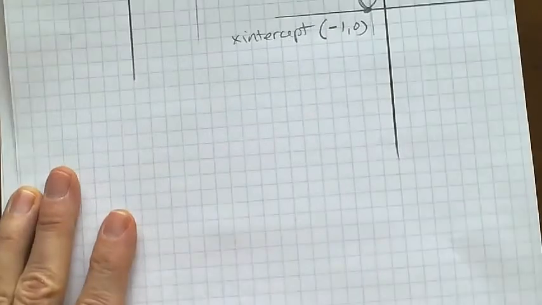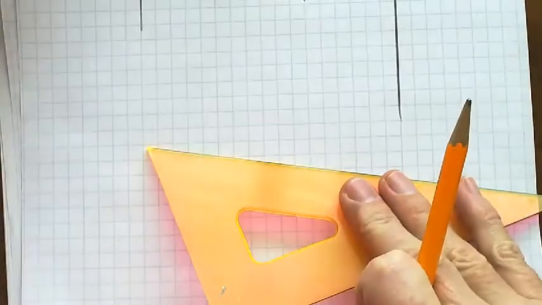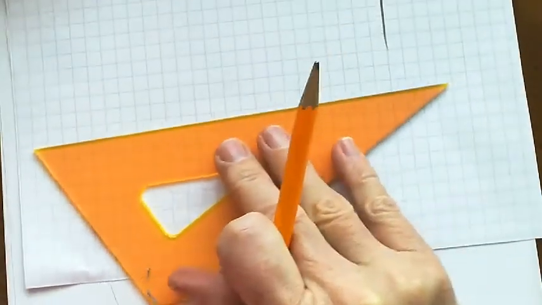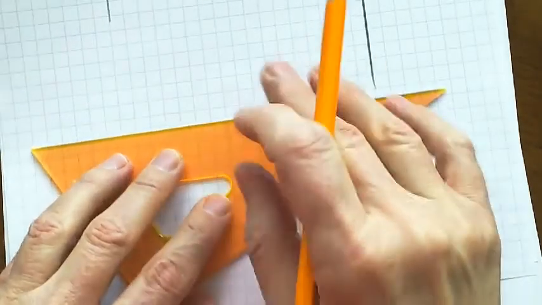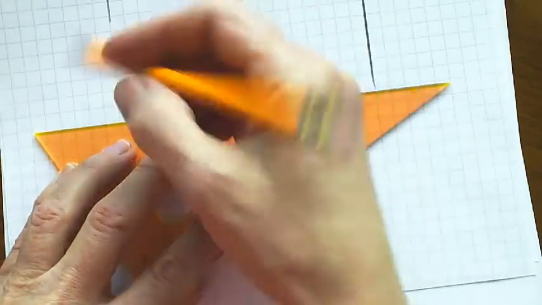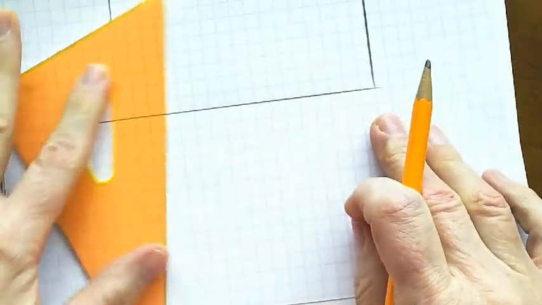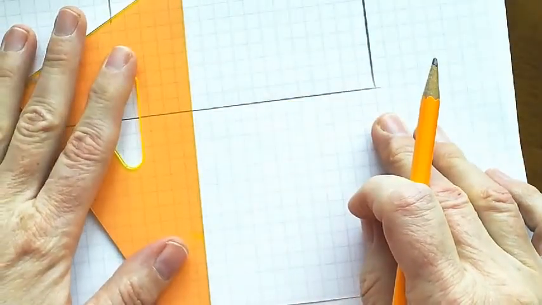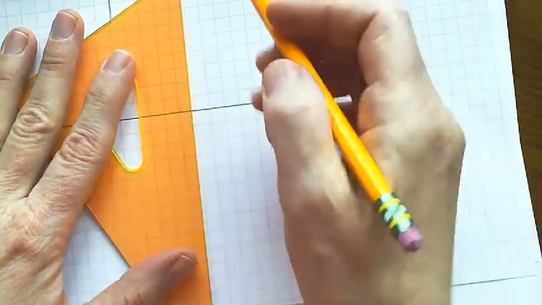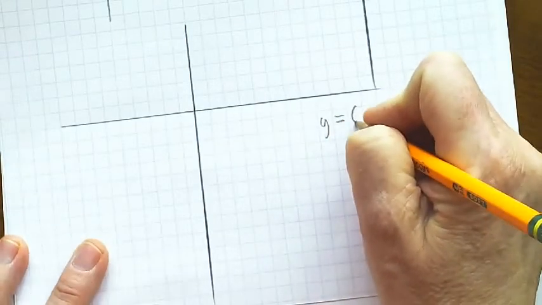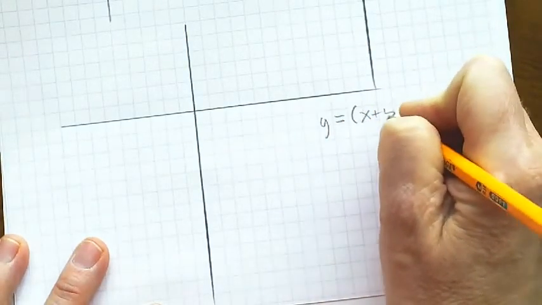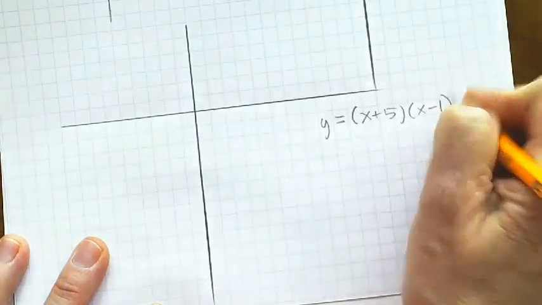Okay, so let's do your part C. You can fit it on your graph if you don't put your x-axis too close to the bottom. Okay, so we've got y equals x plus 5 times x minus 1.